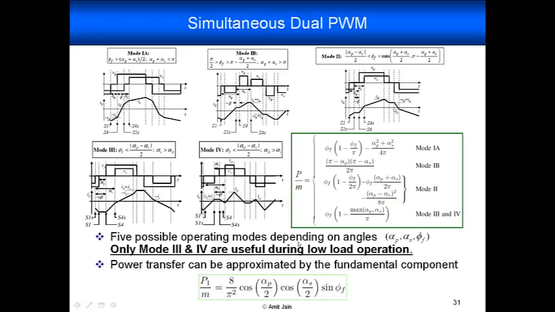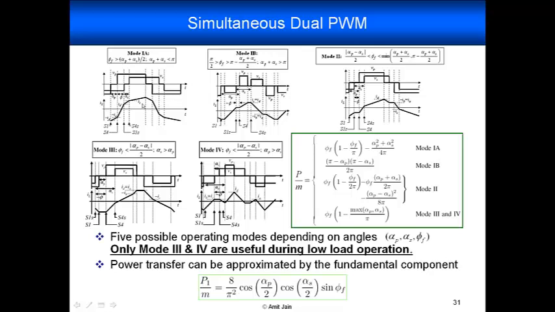Now we talked about doing PWM for one bridge so far. We could do duty cycle control for both the bridges, and instead of having square waves at the transformer primary and secondary, we could have quasi square waves at the primary and the secondary of the transformer.